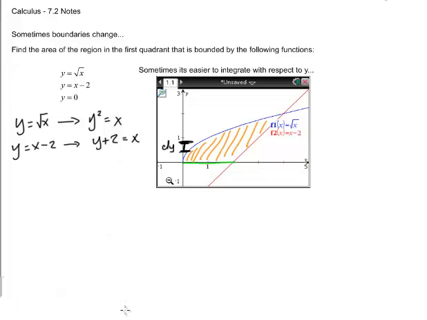And so now what I can do is integrate with top minus bottom. In other words, now instead of top minus bottom, I'm going to do right minus left.